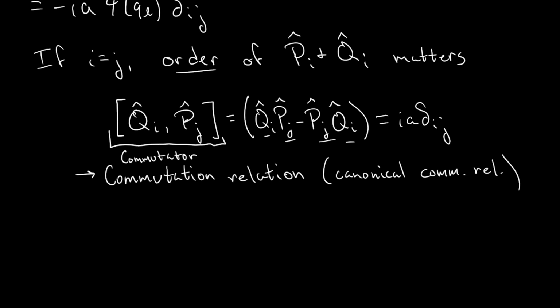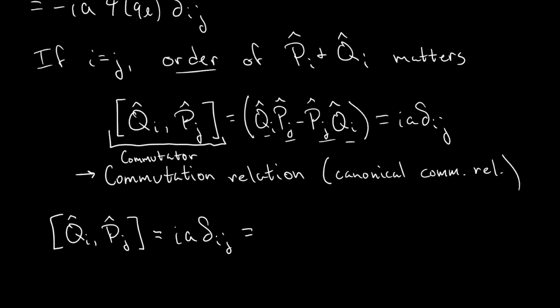It just tells us whether it matters the order of these operators that we act with. Now, something interesting to note is that this commutator, q hat i, p hat j, is iħ delta ij.